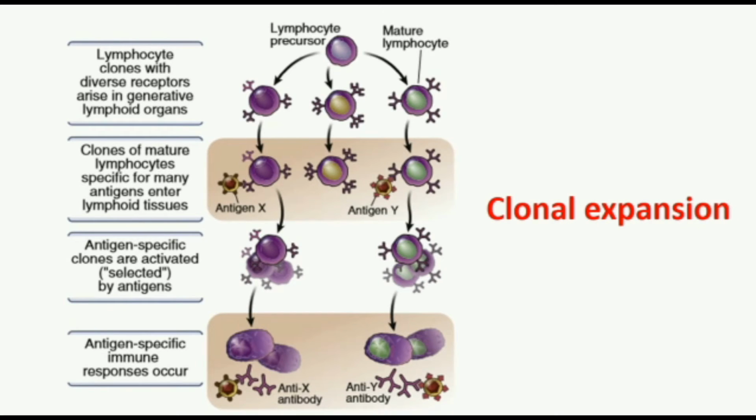A clone refers to a population of lymphocytes with identical antigen receptors, and therefore all these cells are presumably derived from one precursor cell. So here, each X and Y antigen selects a pre-existing clone of specific lymphocytes and stimulates the proliferation and differentiation of that clone. This image shows only B lymphocytes giving rise to antibody secreting cells, but the same principle applies to T lymphocytes as well.